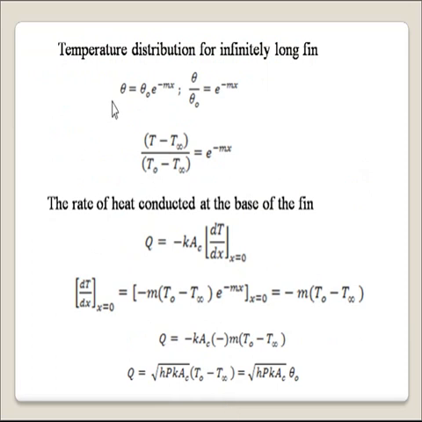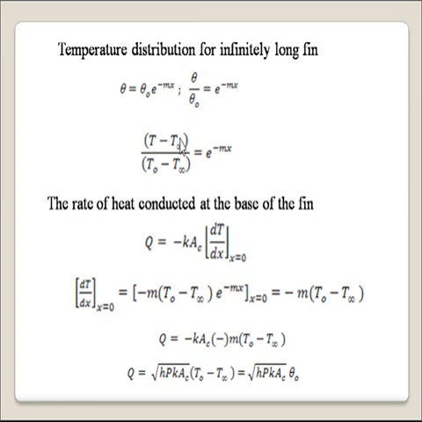So in the general equation, theta equal to C1 e raised to mx plus C2 e raised to minus mx, C1 is 0 and C2 is theta naught. So we have only the second term, theta equal to theta naught e raised to minus mx. Rearranging, theta upon theta naught equal to e raised to minus mx.